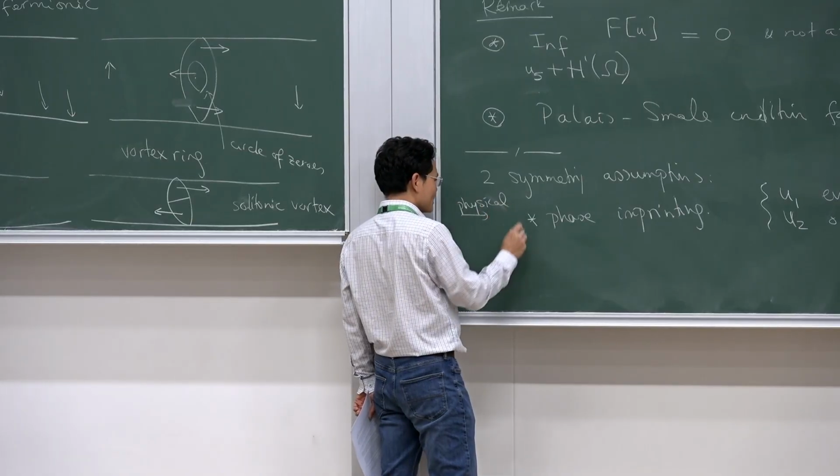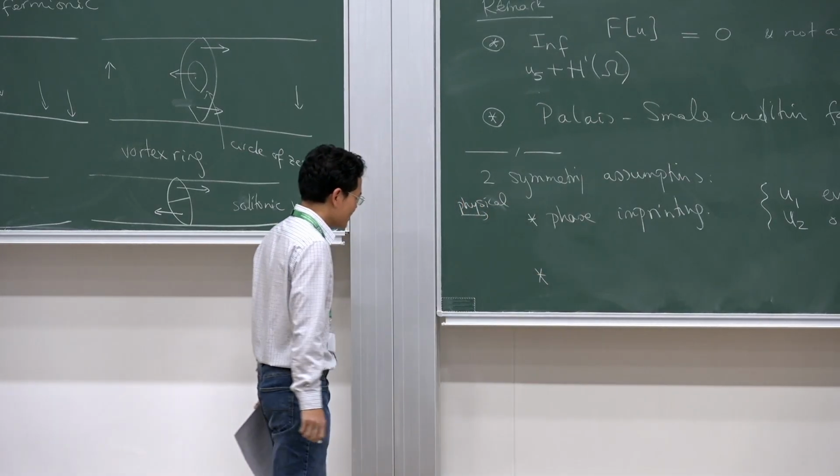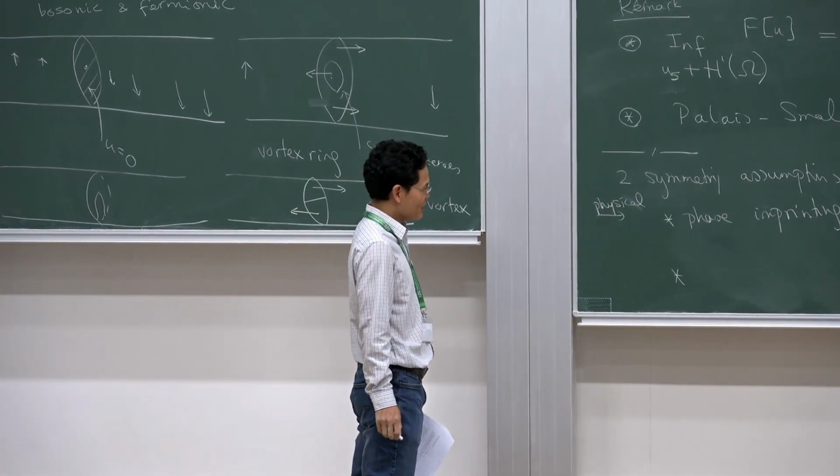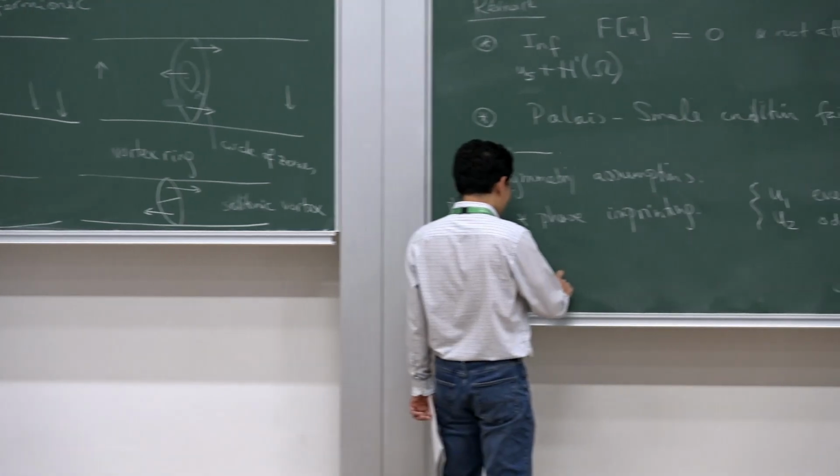The second assumption is not physical; all physicists don't like it. It's called imparity.